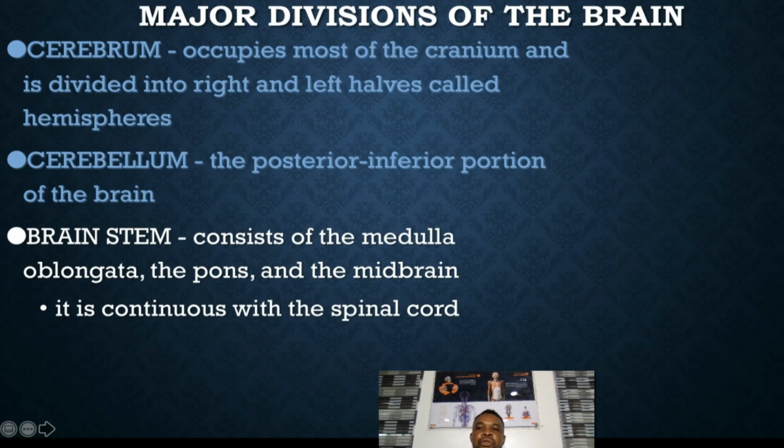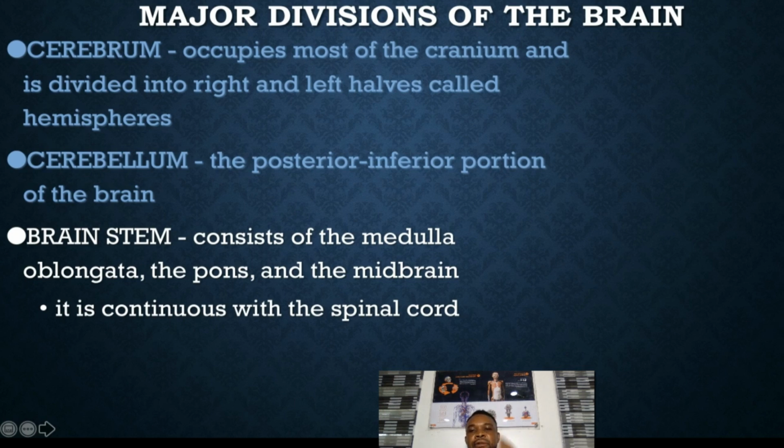Then after those lobes that come out of the cerebrum, going down, we have something like a stem, like a tree and a stem. That part of the brain is called the brain stem. And this brain stem consists of the medulla oblongata, the pons, and the midbrain.